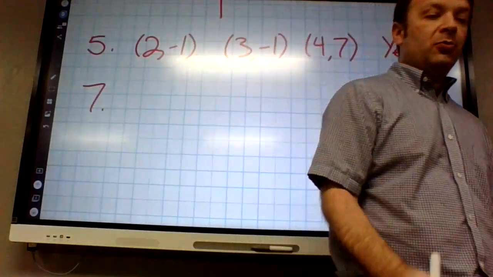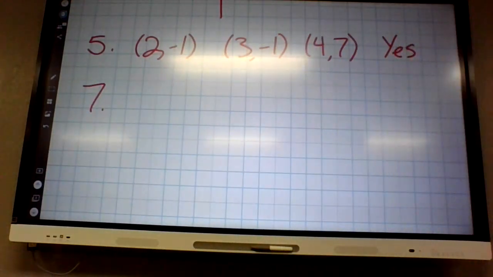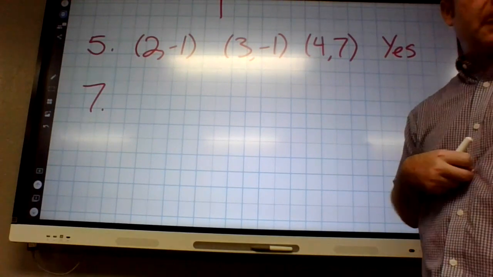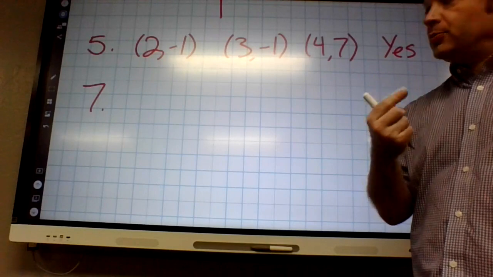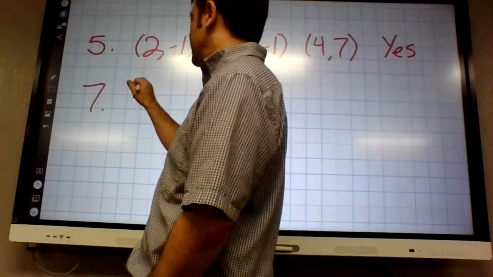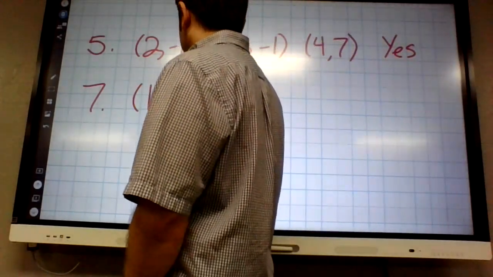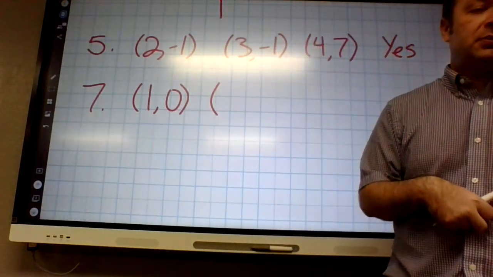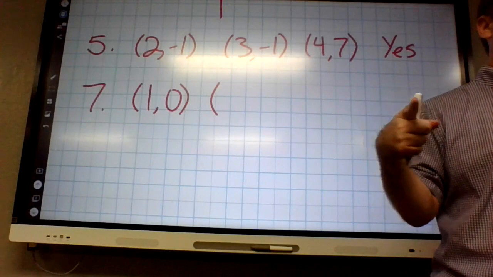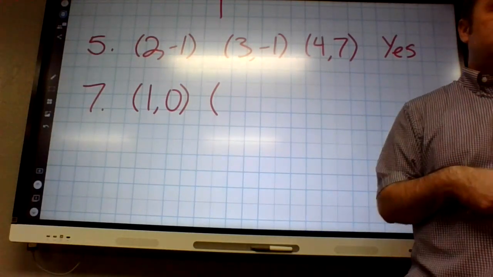Number 7. Okay, they graphed it. What are the coordinates of the leftmost point? 1, 0. 1 to the right, 0 up. What's the second point called? 2, 1.